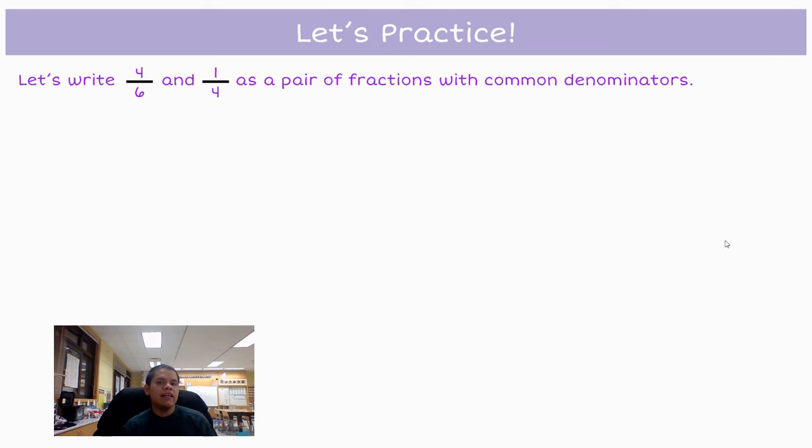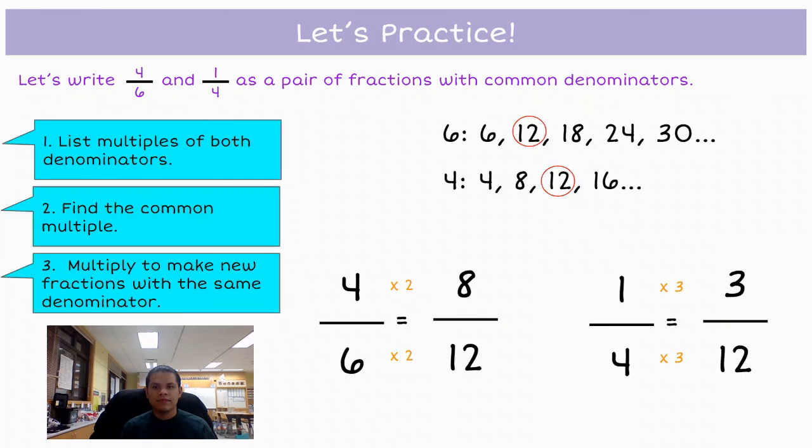Are you ready to try to create a pair of fractions with common denominators? I want you to go ahead and write 4/6 and 1/4 as a pair of fractions with common denominators. Please pause the video and come back to check your work. I'm watching you. Thank you so much for having integrity and pausing the video.